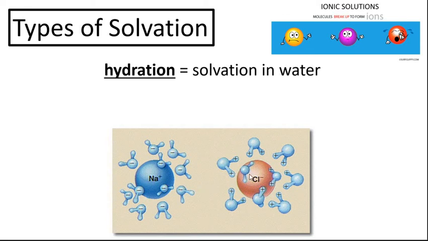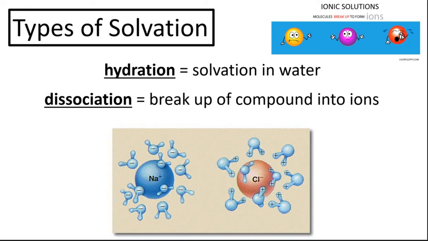You can see the sodium and the chloride, and all these little blue things, hopefully you can recognize as water. What happens with ionic substances is because they have those charges and because water has the charges, there is dissociation. Association, things come together. Dissociation, things come apart. So in ionic solutions, there is dissociation.